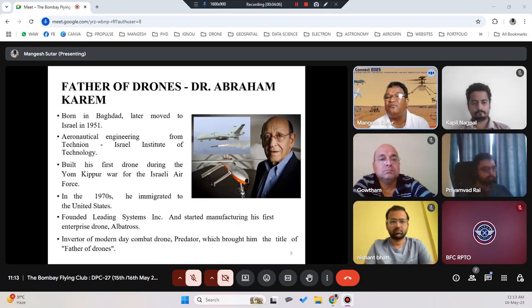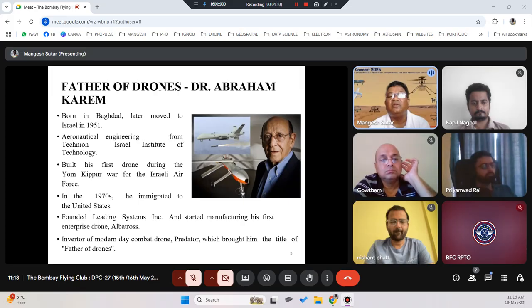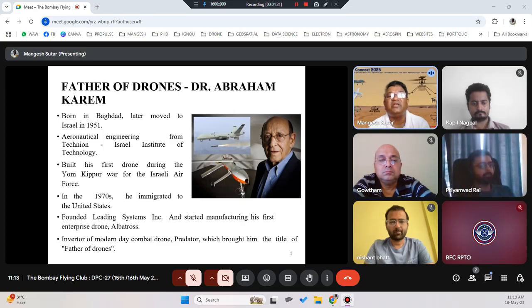Whatever that first drone was, it was further redeveloped. He moved to the United States in 1970. He founded a company called Leading Systems Incorporated and started manufacturing his first enterprise drone, known as Albatross. Later on, this drone was acquired by the US Defense and renamed Predator.